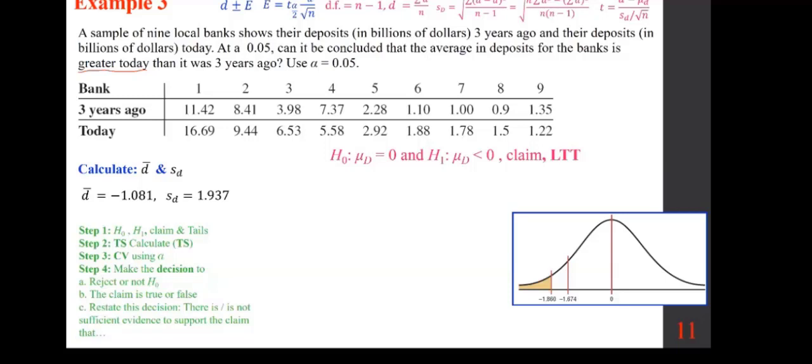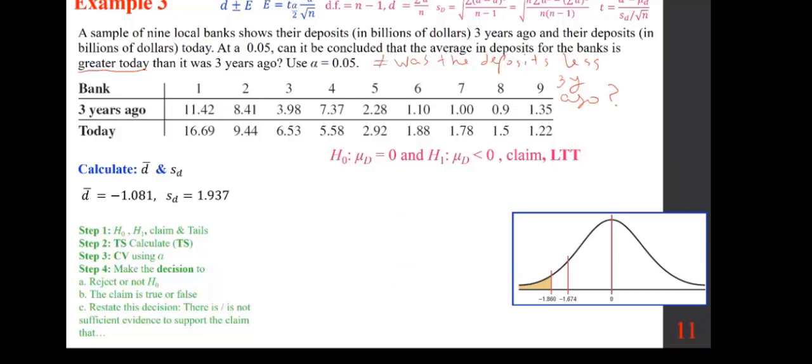If you subtract the other way around, the second from the third, it becomes greater than. So at a 0.05, can it be concluded the average in deposits for the banks is greater today? That is equivalent to saying, were the deposits less 3 years ago?